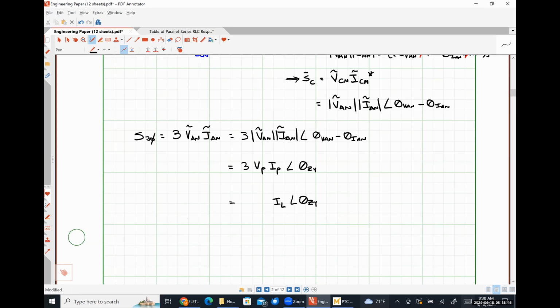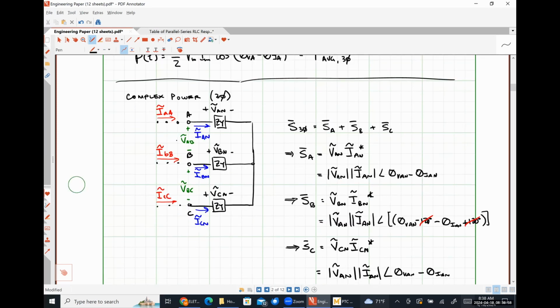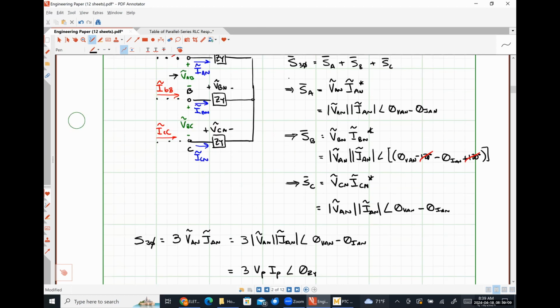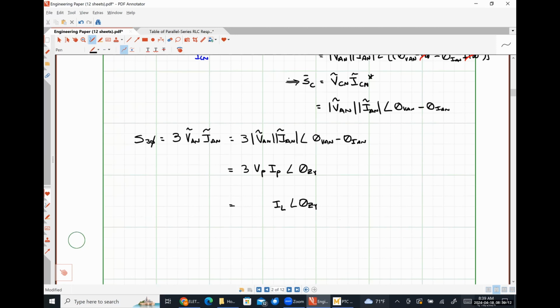And so now we need to figure out how to express our line voltages in terms of our phase voltages. And really, we're only looking for magnitude here. So what's the relationship between the magnitude of this voltage VAB and the magnitude of this voltage VAN? √3. We don't need the angle, we're only looking at the magnitude. So 3 VP could be written as square root of 3 VL, because VL inherently is square root of 3 VP by itself.